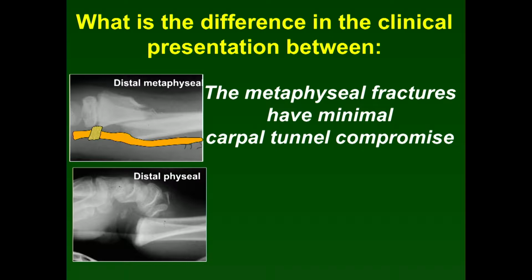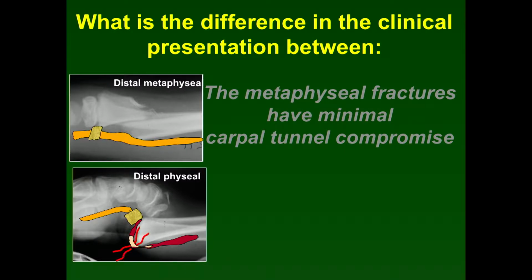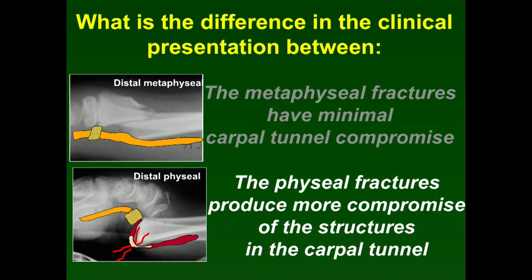What about the distal physeal fracture? What do you think is the problem there? Well, that distal portion of the proximal fragment is pressing right on the carpal tunnel, and so they have more structures compromised. So which one do you think has the most pain and neurological dysfunction? The distal physeal. The distal physeal, very good, that's right.